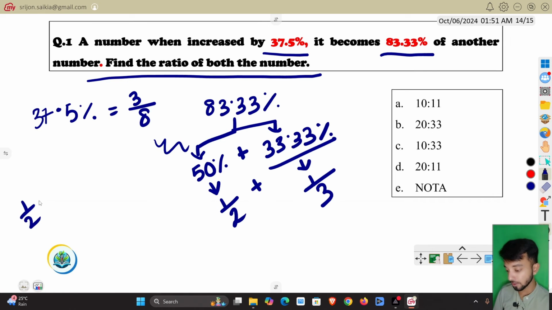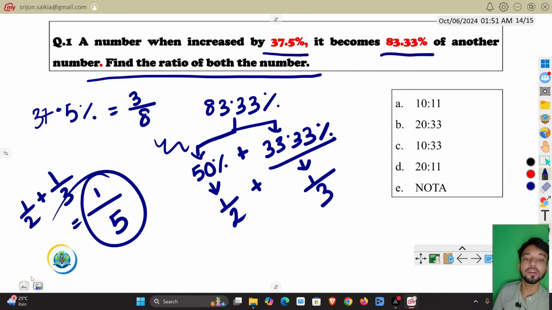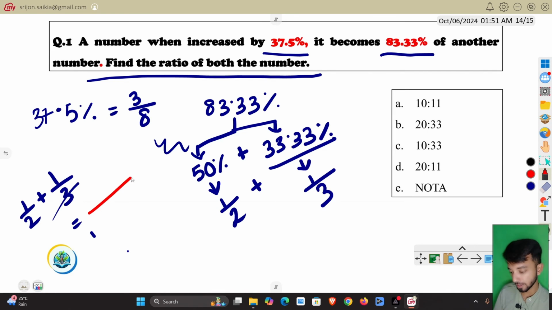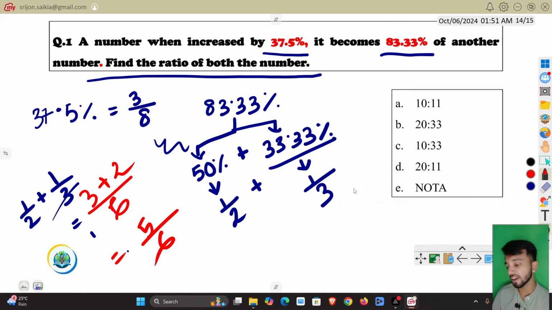So 1 by 2 plus 1 by 3. What will we get? The LCM is 6, so 3 plus 2, that is 5 by 6.